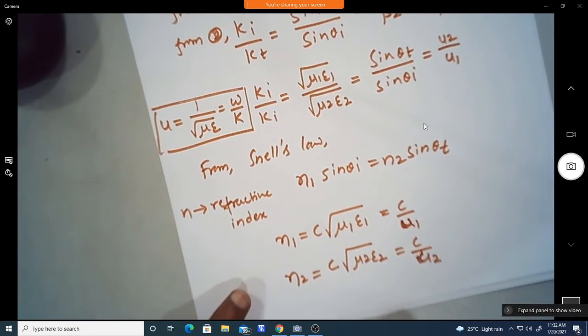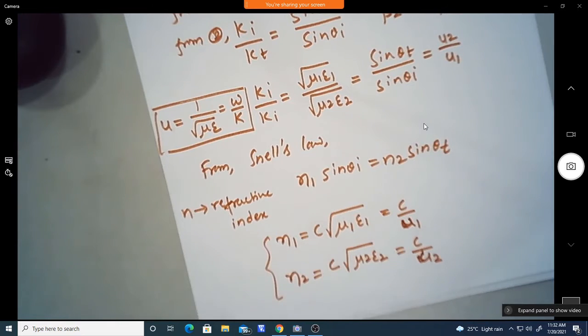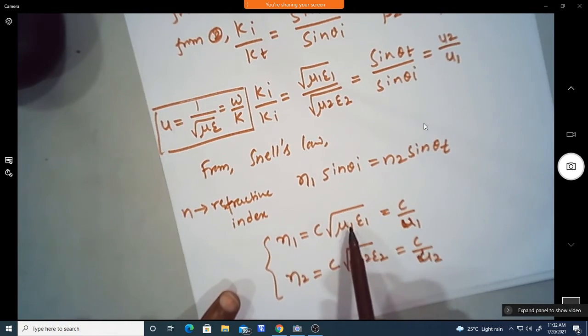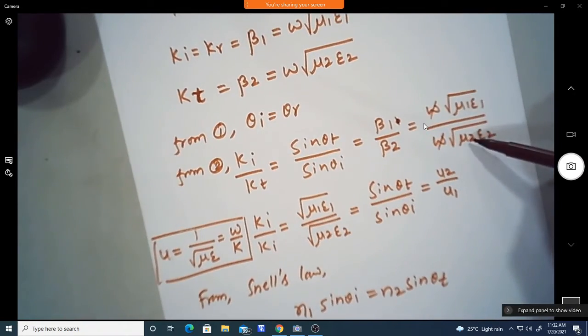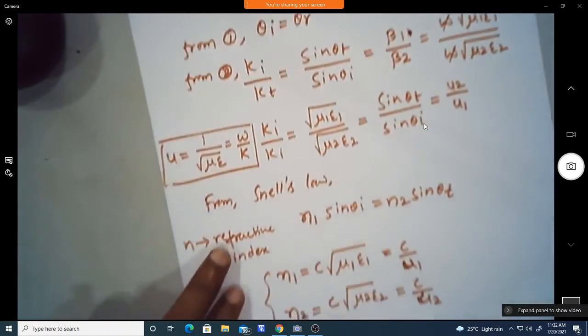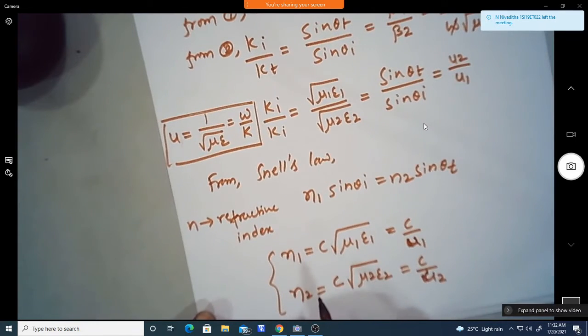So these are the refractive indices of medium 1 and medium 2, and we can replace mu 1 and epsilon 1 in terms of the refractive indices of the media. This is oblique incidence, where we consider the different parameters.